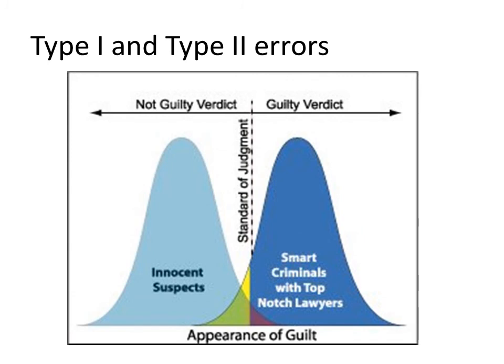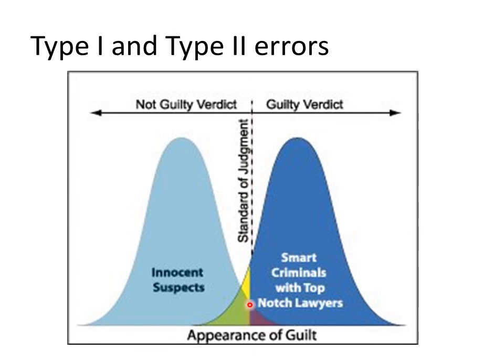Another way of illustrating this is to think about where these people would land and where we have our standard of judgment. In other words, the standard of judgment here can be thought of as how strictly the court system is. Now, in this case, this represents all the innocent suspects, and if these innocent suspects are on the right-hand side of the line, that's going to be people that were found guilty although they were innocent.